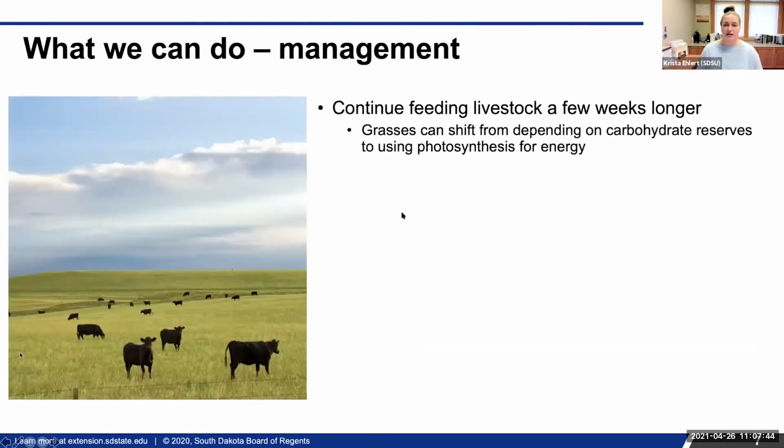You might also, particularly this year, if you have the resources available, continue feeding your livestock a few weeks longer. This will allow grasses to shift from, again, depending on those carbohydrate reserves in the root system, to actually using photosynthesis for energy and allowing them enough time to get up to speed.